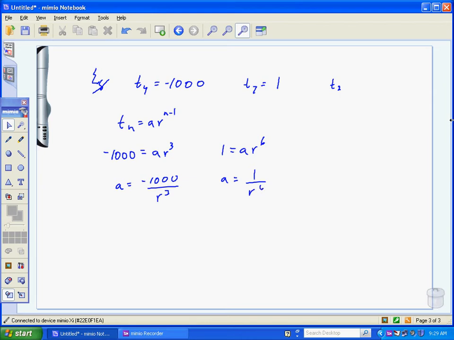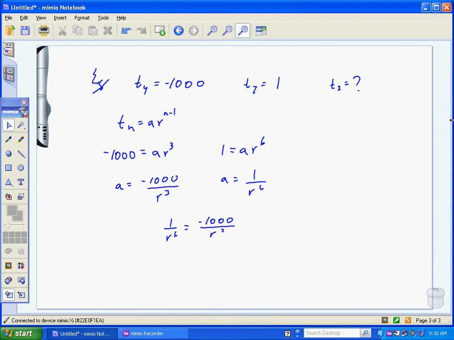Because we have to find A and the common ratio, because that's what's common in the whole works of it. Now I can set these two things equal. So 1 over r to the 6 is equal to negative 1,000 over r cubed.